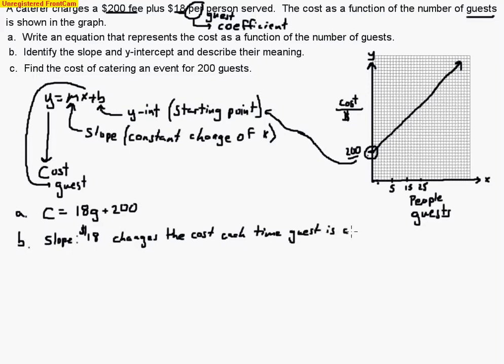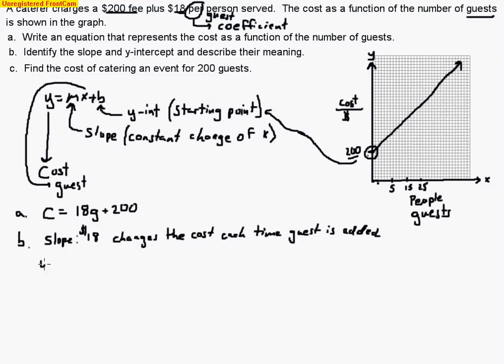So every time we have an additional person, we end up having to increase the cost by $18 because it's $18 for every person, for every guest. So that's the slope. So that's what changes the equation each time. C being the cost, $18 times the number of guests plus the $200 gives us that total cost.